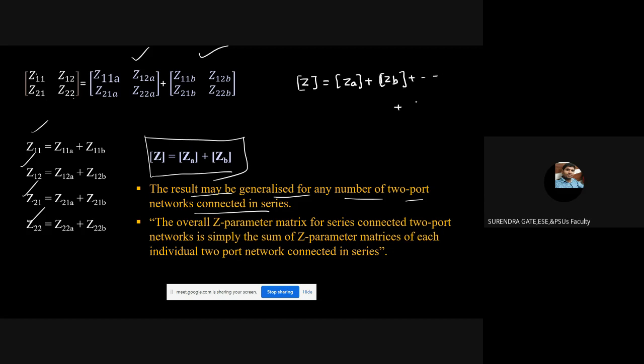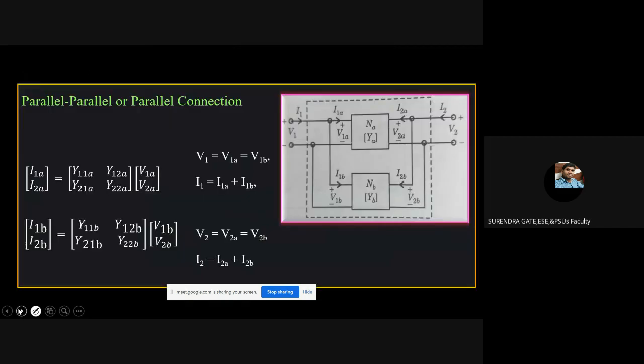The overall Z parameter matrix of series connected two-port networks is simply the sum of the Z parameter matrices of each individual two-port network connected in series. Understand? The resultant Z matrix equals the sum of the individual Z matrices. Okay, this is about the interconnection of two-port networks with respect to Z parameters. Series connection.